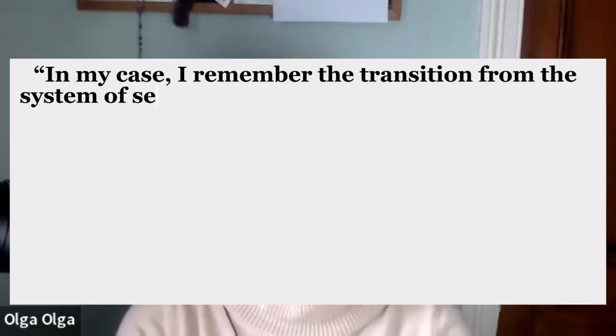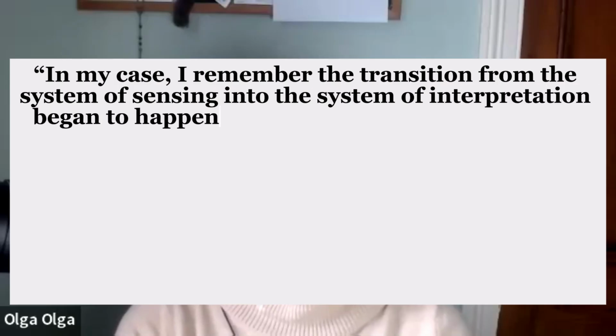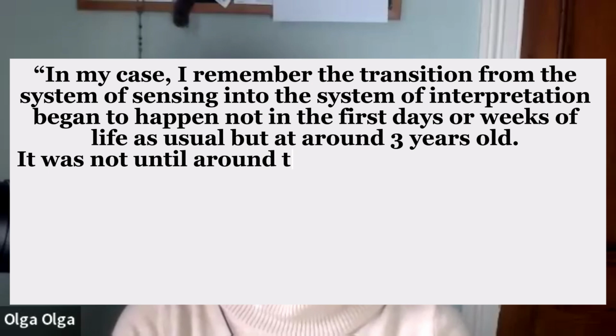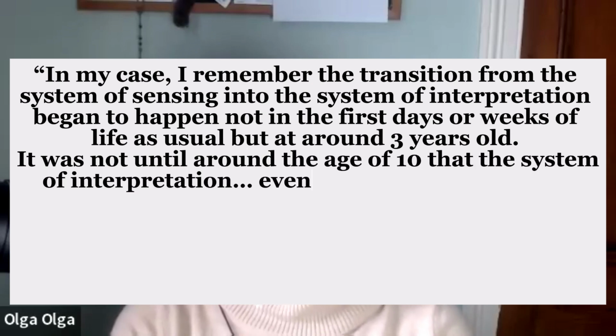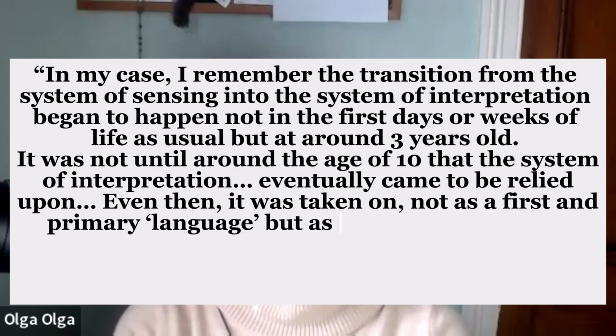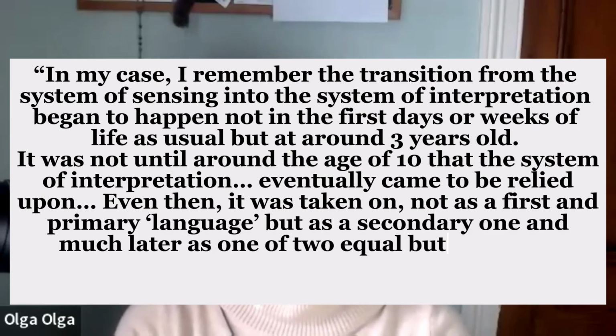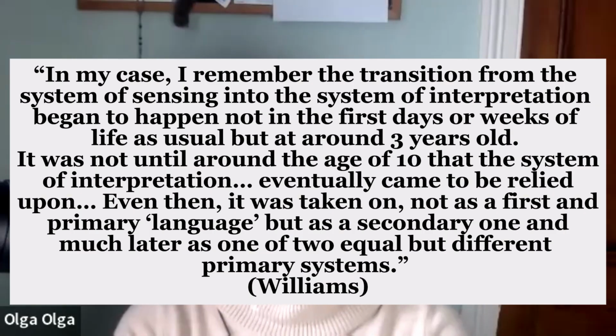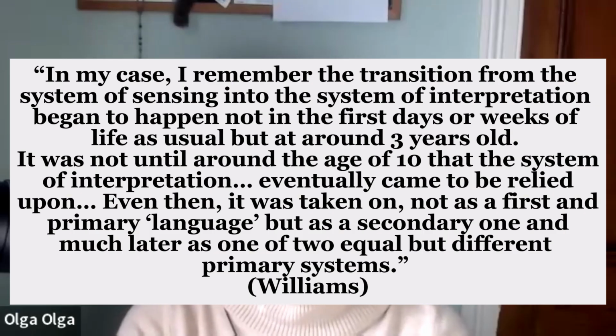In my case, I remember the transition from the system of sensing into the system of interpretation began to happen not in the first days or weeks of life as usual, but at around 3 years old. It was not until around the age of 10 that the system of interpretation eventually came to be relied upon. Even then, it was taken on not as a first and primary language, but as a secondary one, a foreign one, right? And much later as one of two equal but different primary systems.